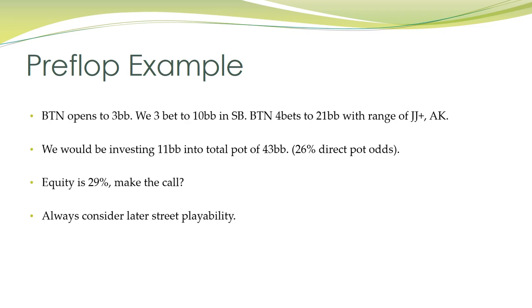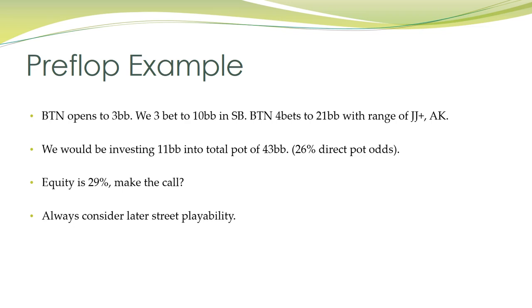It depends on the range that Button is 4 betting, how much equity we have, but also whether we expect to have good implied odds post flop against that range, whether we expect to be dominated by that range. We have to consider our later street playability. In situations where we have reverse implied odds post flop, it doesn't matter if we get the direct pot odds pre-flop.